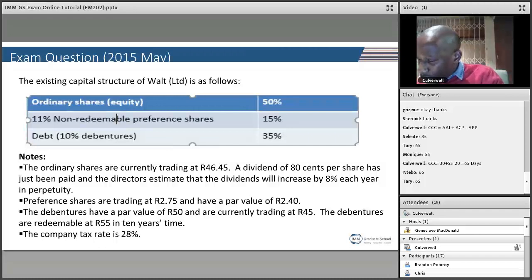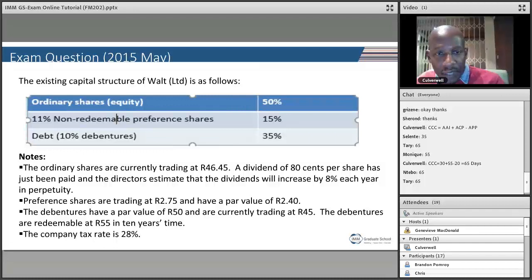So your formulas in your textbook start from page 344. For the cost of your ordinary shares if the dividends are growing, that formula in your textbook is on page 345.